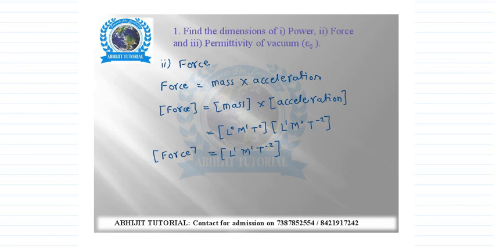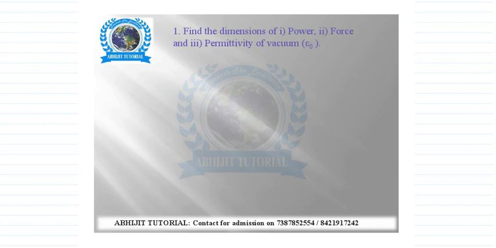The next quantity is the permittivity of a vacuum, which is a little bit complicated. We first use Coulomb's force, the force of attraction or repulsion between two point charges, which we write as F is equal to 1 upon 4 pi epsilon naught into q1 q2 by r square.